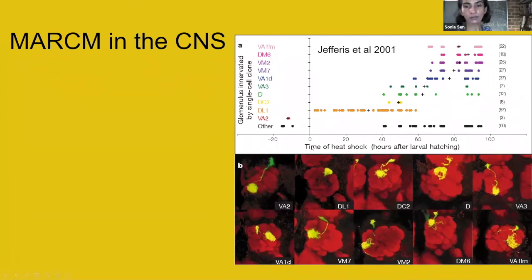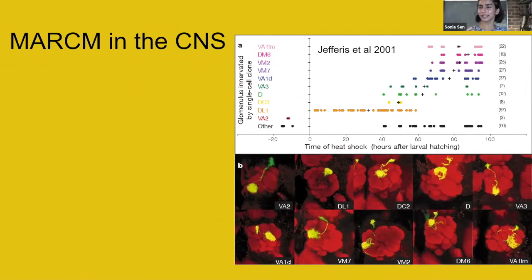So these authors gave heat shocks at different times, 20 hours after larval hatching, 40 hours, 60 hours, they kept giving heat shocks at later and later time points. And they kept focusing only on the single cell clones. So if any single cell clone was labeled at this time point, it was likely born after the time of the heat shock.